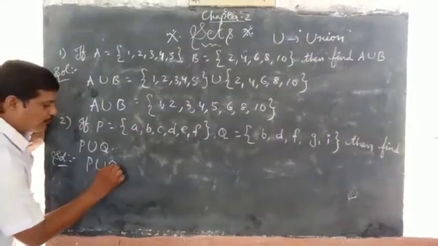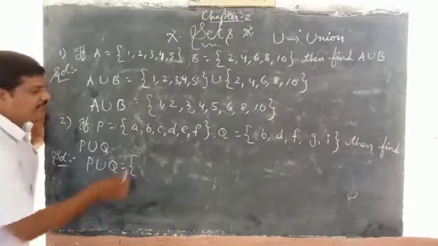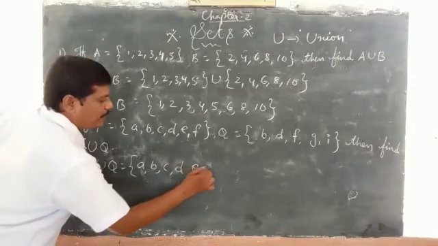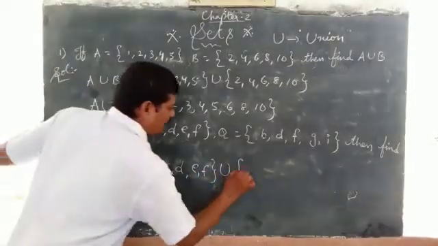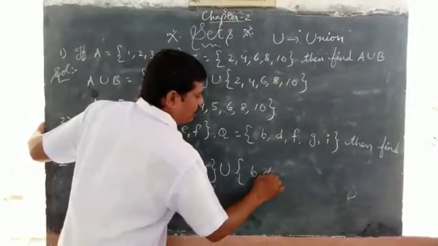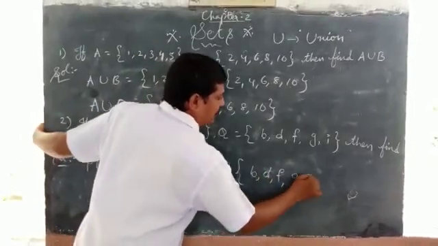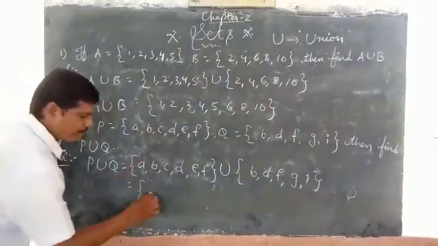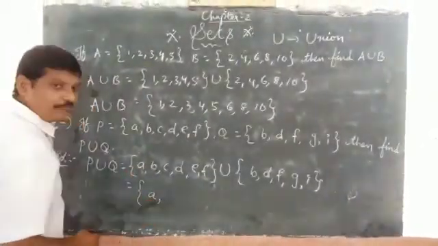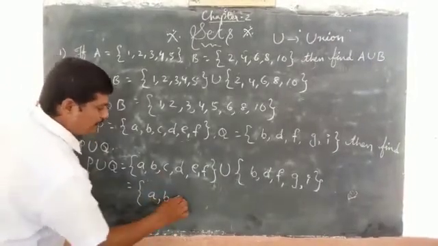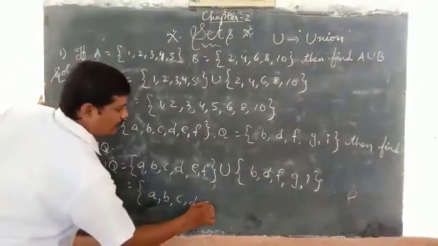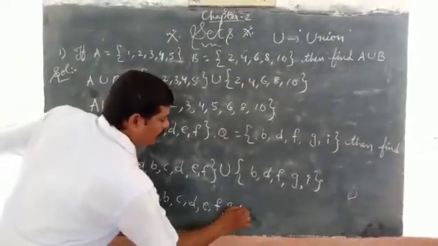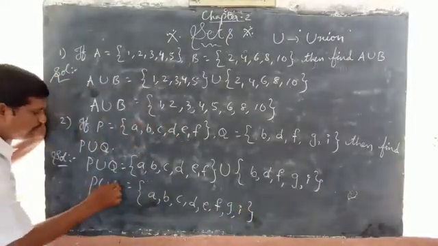P union Q. P set is set of A, B, C, D, E, F, union Q set of B, D, F, G, I. Union means what? Write all elements, not repeated. Set of A, B, C, D, E, F, G, I. This is P union Q.